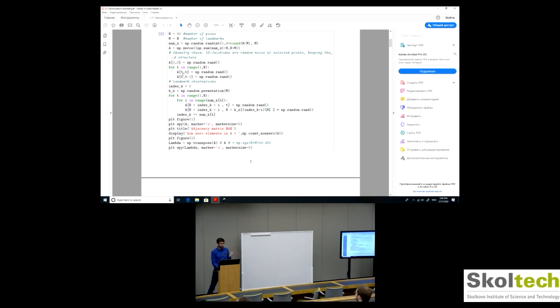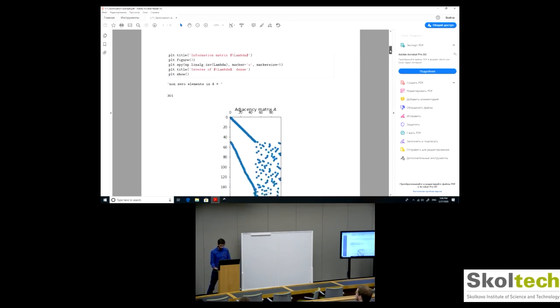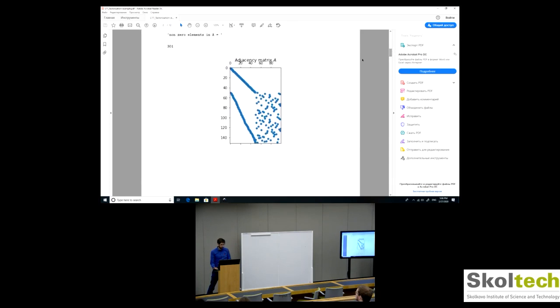But still, imagine instead of having a block matrix corresponding to this, what I have is just a random number, right? But the structure is going to look similar. So here we do some things, and this is how this adjacency matrix should look. Right? You can play around, you can change the number of variables, you can change the number of observations, and I think you can change many other things.